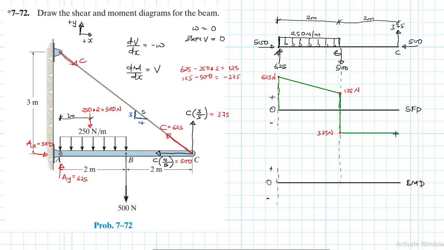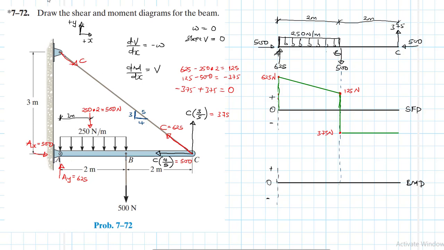When we reach this point at C, there is a load of 375 which is going up. So from minus 375, plus this loading at C, which is 375, we have a shear of 0.